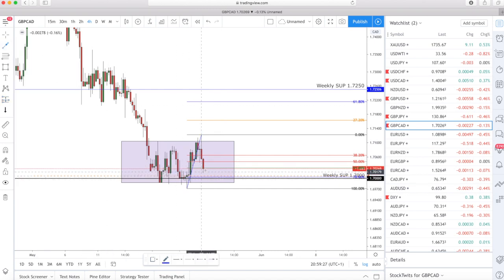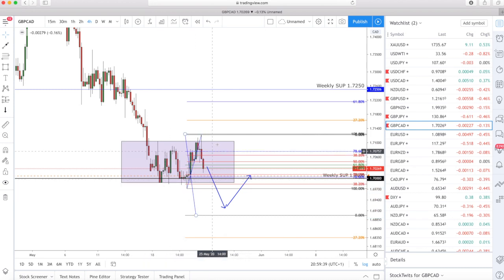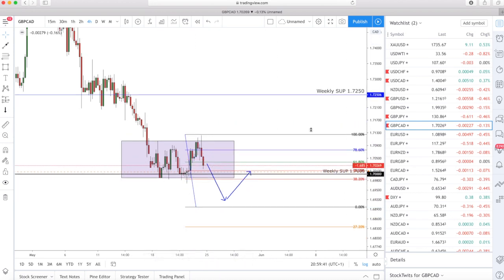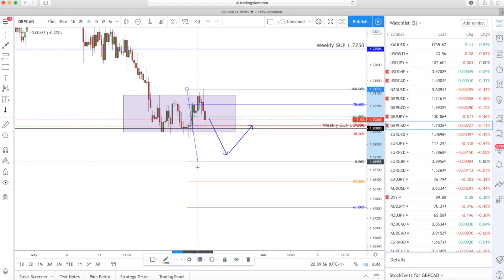But if price does make this push lower, we can then, that's why you've got to be open to change your mind. We could then take this short, but my preferred bias is longs. But just in case, if this weekly support does break, I can then look for a retest of this weekly resistance and see what Fibonacci's line up.